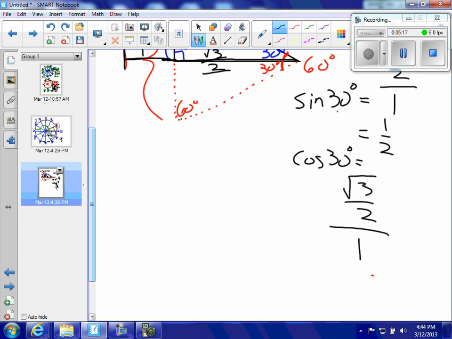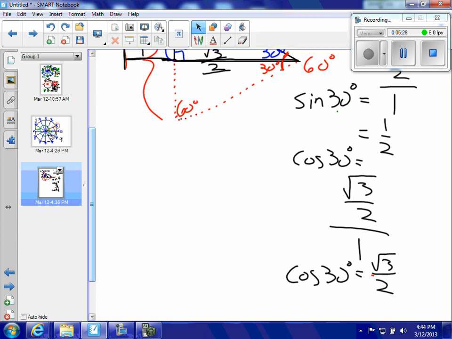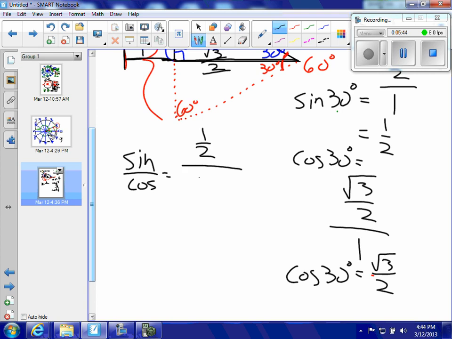So cosine 30 degrees is equal to radical 3 over 2. And lastly, tangent 30 degrees. We've already discovered that tangent is the same thing as sine over cosine. So let's take sine, and that's 1/2 divided by radical 3 over 2.